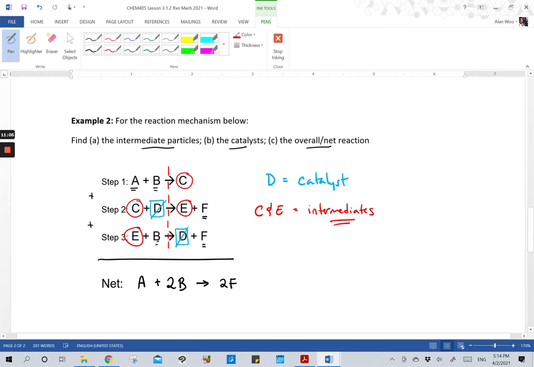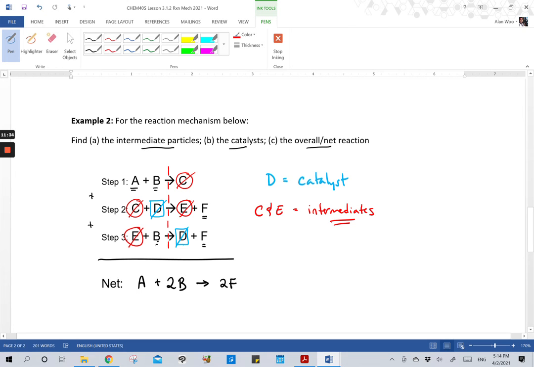Now, this intermediate gets used up in a later step. So that's why we see C again, but this time on the reactant side. So it first appears on the product side, then it appears on the reactant side. If that happens, it's called an intermediate. E appears on the product side because it's formed during the reaction, and then it's used up in a later step as a reactant. So we can cancel them out.